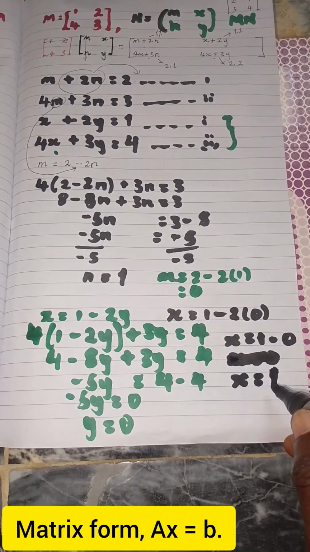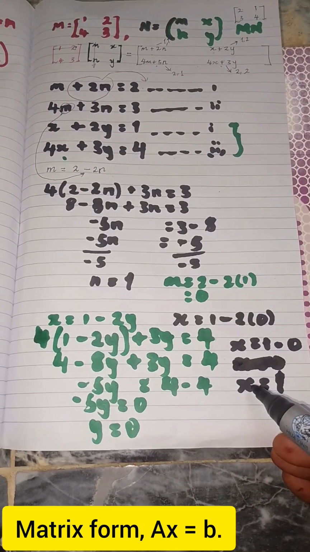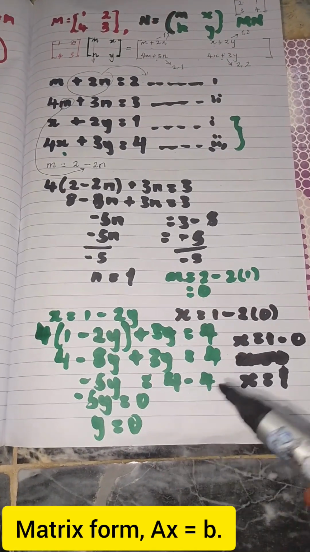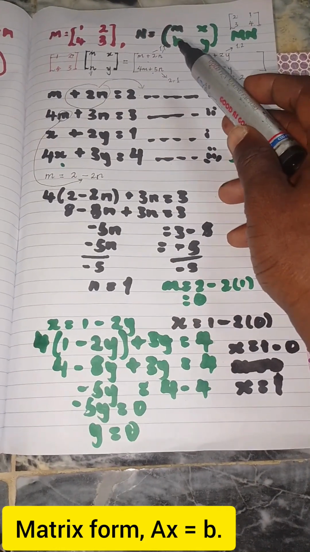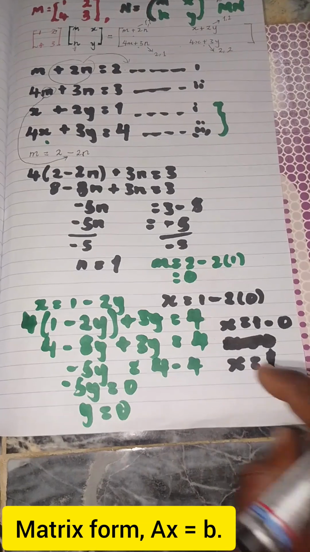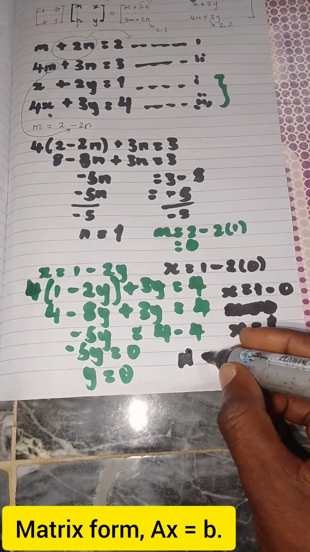So we got our m as 0, n as 1, y as 0, x as 1. So let's plug them in here. N equals m, n, x, y. So that means the elements of N will be written as 0, 1, 1, 0.